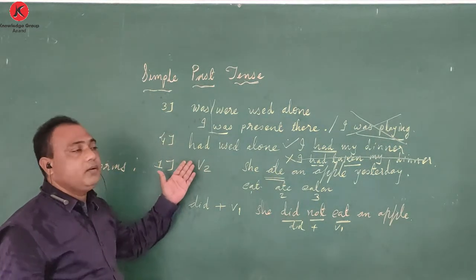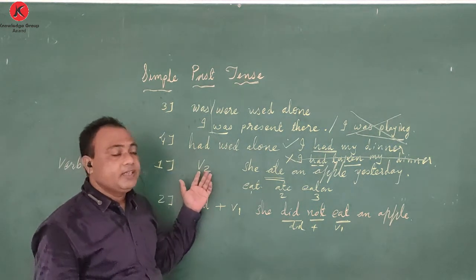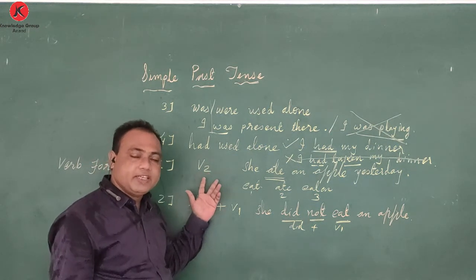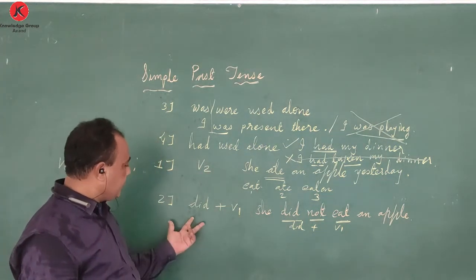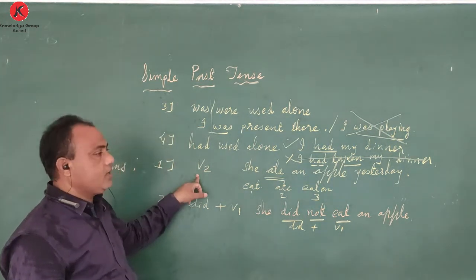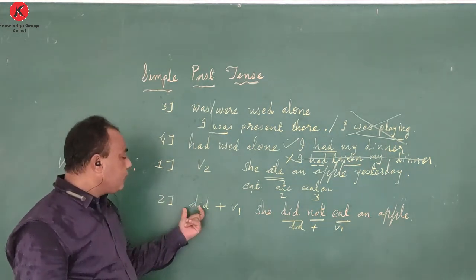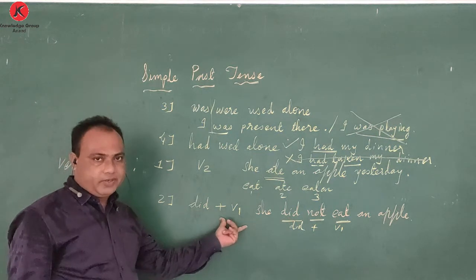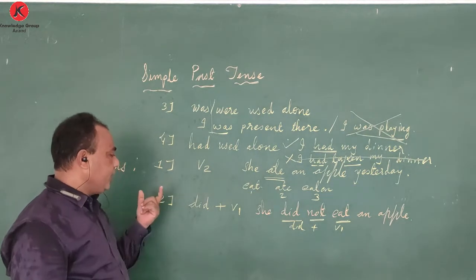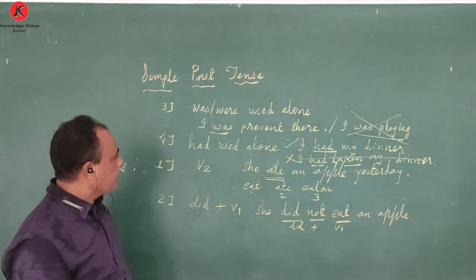In simple present, we discussed that we use V1, and V1 plus S or ES. But here what we have is V2 in simple past. In simple present, in negative and question, we had do and does plus V1. But here we have did plus V1 in simple past.